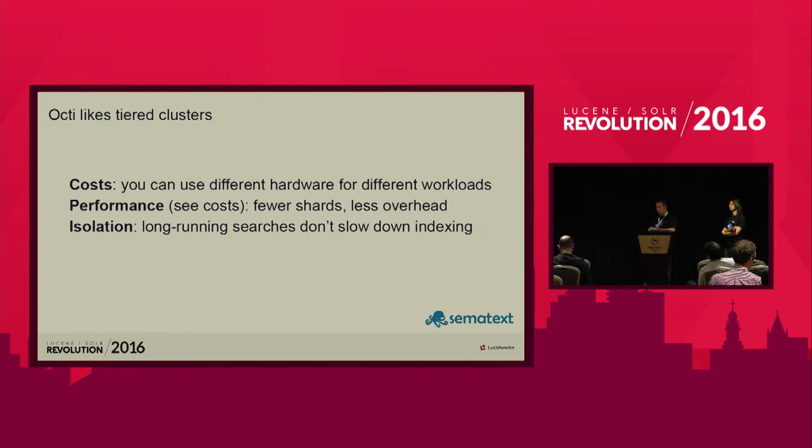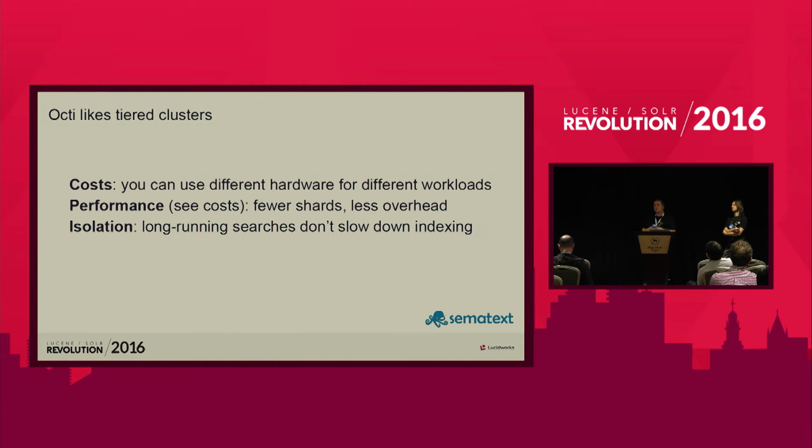We like tiered clusters because they can be cost effective. We don't need to buy the same hardware for hot and cold, and we can lower down our costs. The performance is also nice because we have fewer shards, so less overhead. We are allowed to dedicate the CPU processing, memory and I/O to a different purpose than just indexing on all the servers.